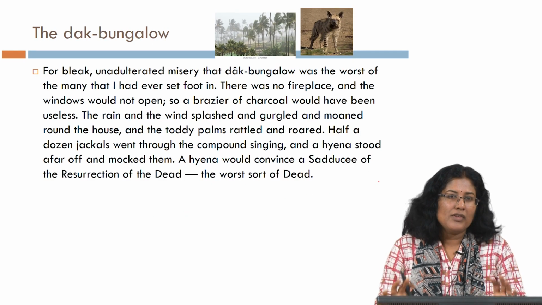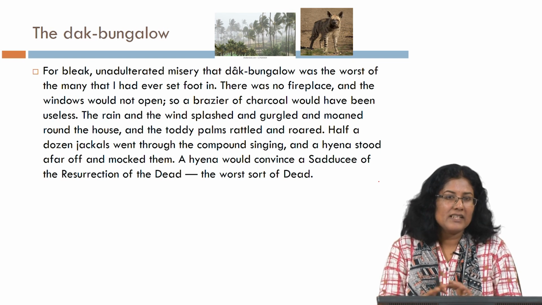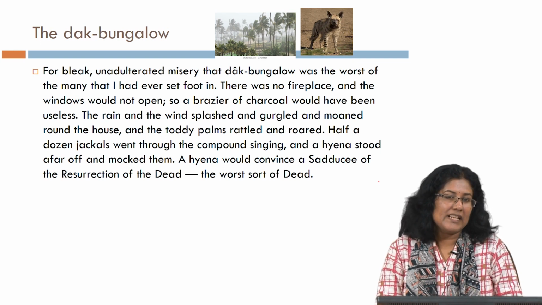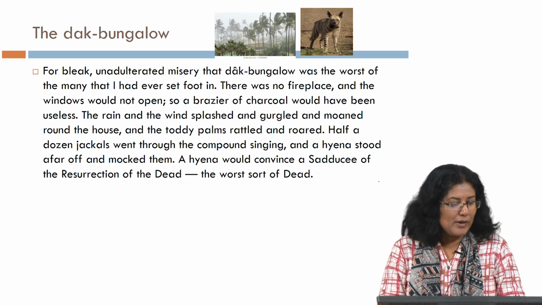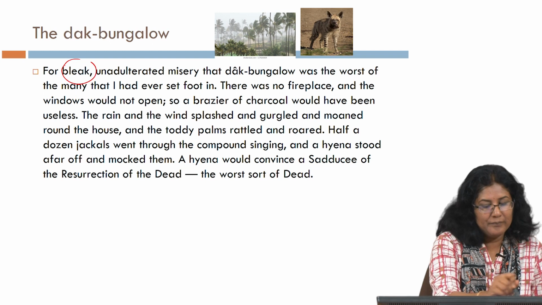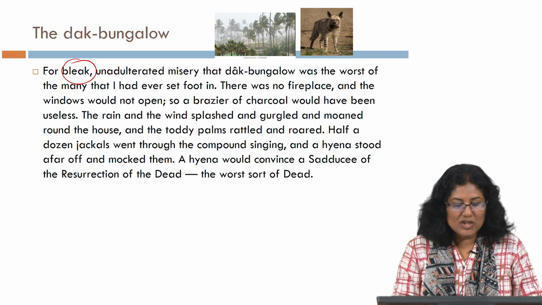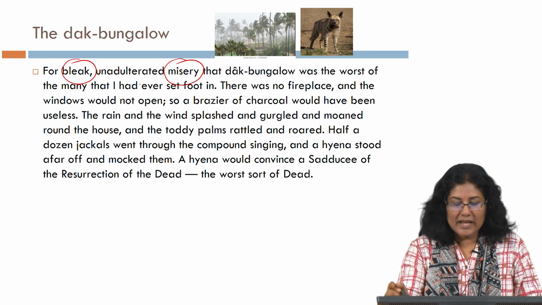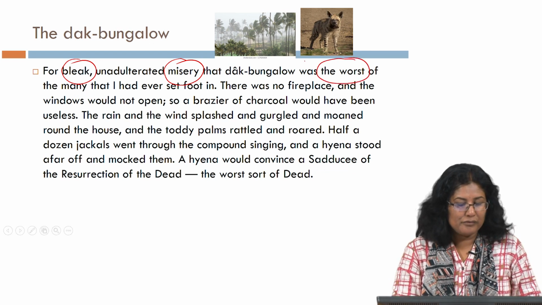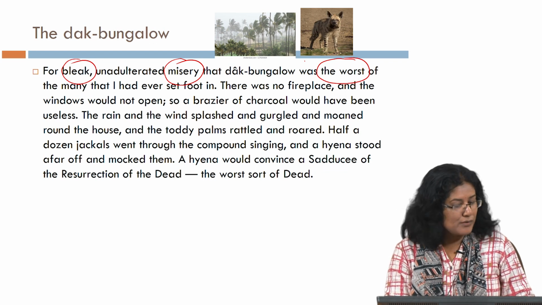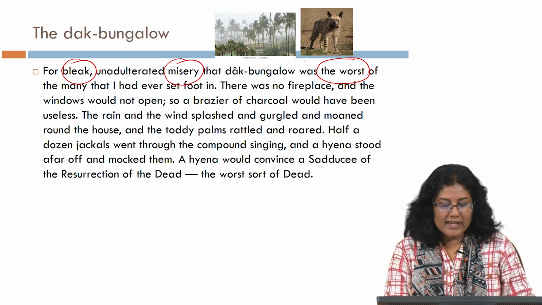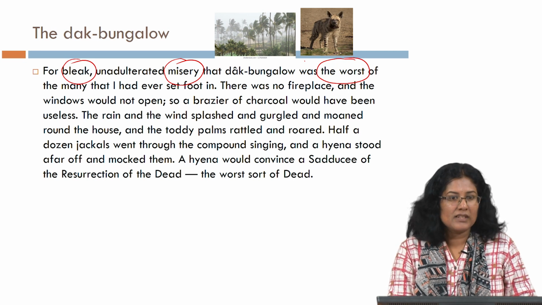And the narrator goes on to further heighten the misery that he is experiencing in this dak-bungalow, and he points out: "For bleak, unadulterated misery, that dak-bungalow was the worst of the many that I had ever set foot in. There was no fireplace and the windows would not open, so a brazier of charcoal would have been useless.